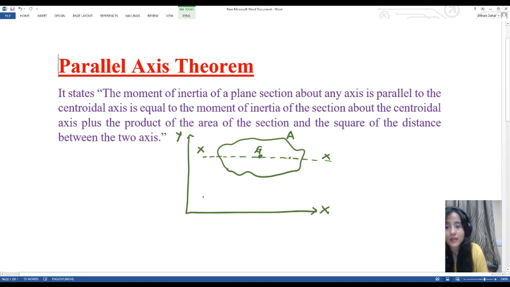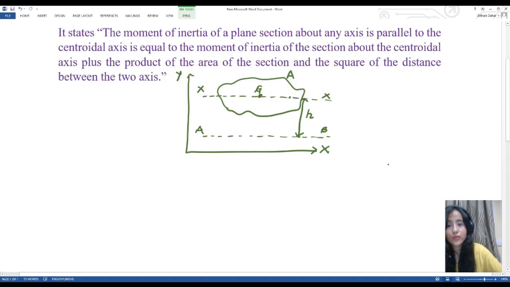So let us take another plane, and its axis is running parallel to our x-axis here, and let us name this plane the AB plane. Okay, and let the distance between these two axes, from here to here, be h.